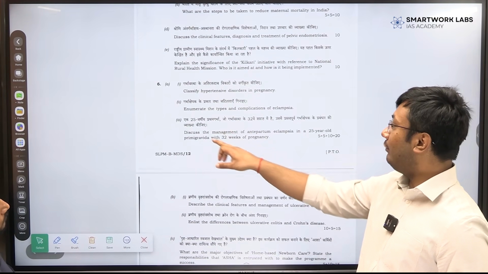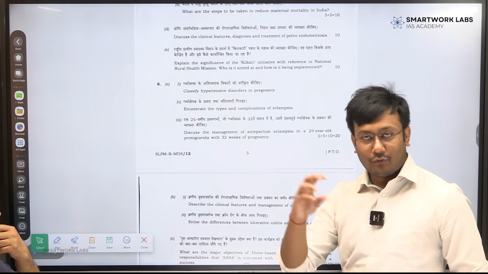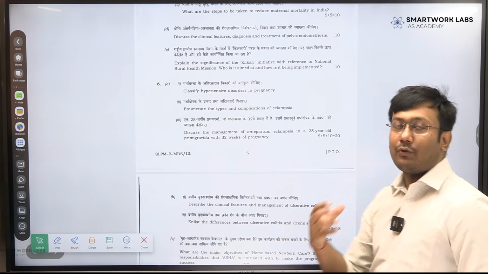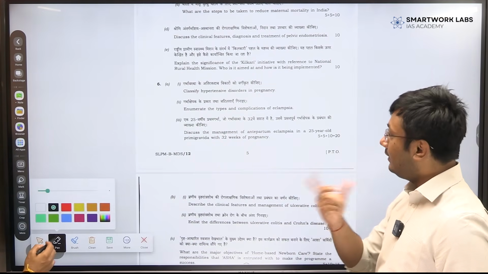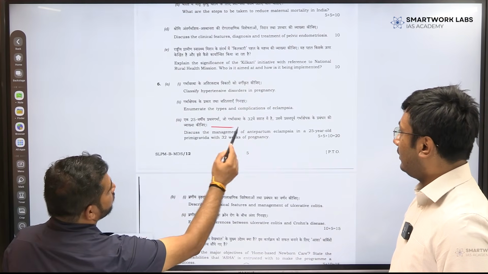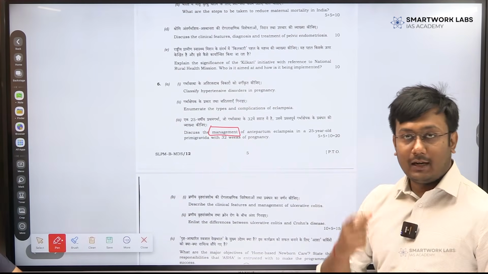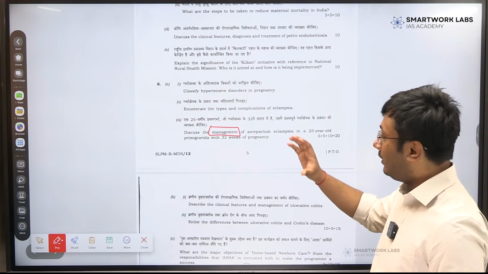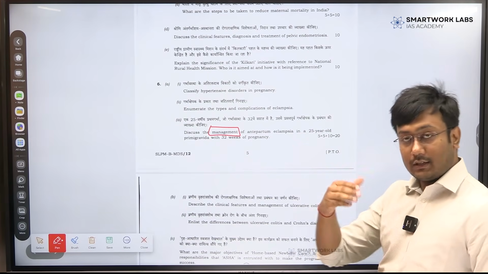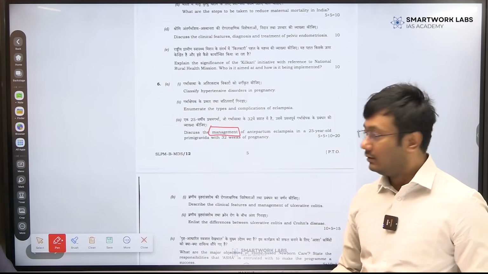Sir was focusing on management: when we talk about management, we have not to focus only on the treatment aspect. We have to focus on the preventive aspect as well, and other different aspects. So if they are asking management, we have to focus on all the wide varieties, all the subcomponents of the management.